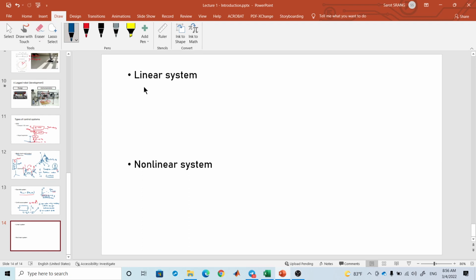So for a linear system, to be precise, we have analytical methods to solve the equation and to do the analysis. It's called a linear time invariant system.